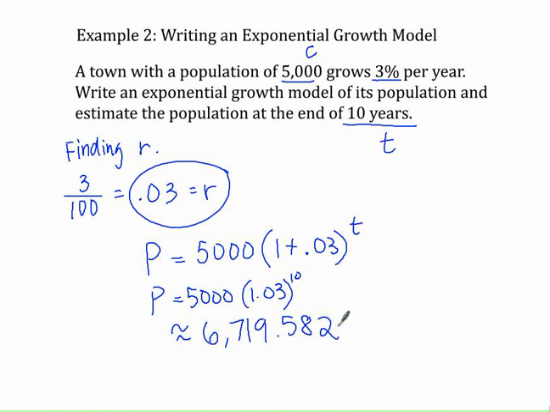Obviously, if I'm looking at the population of a town, I'm not going to say they had 6,719.6 people. So we're going to round it to the nearest whole number. They're going to have approximately 6,720 people.